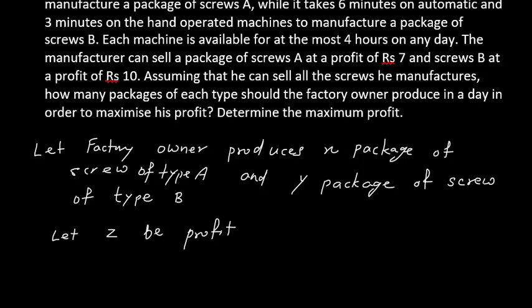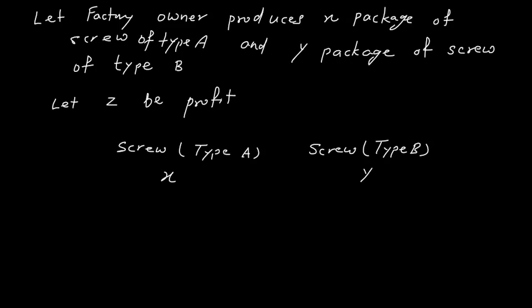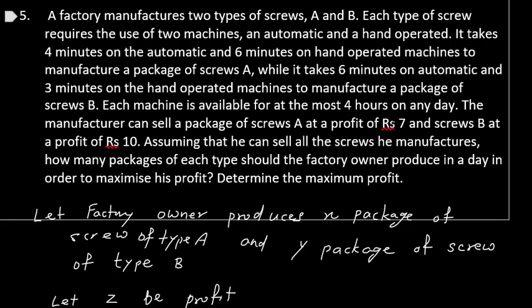Now first, let us write the question in a tabular form. We have screw of type A and screw of type B. Here we are producing X units and here we are producing Y units. Now to produce a screw, what do I require?